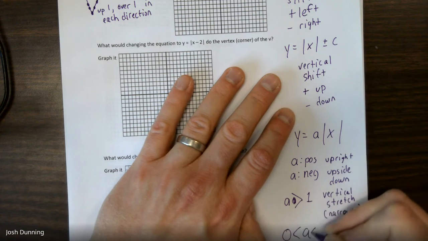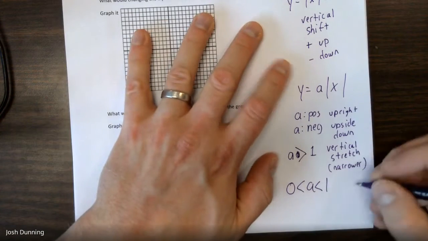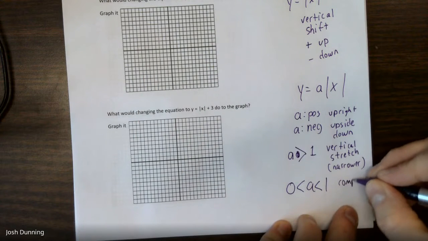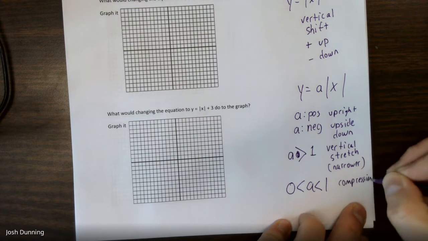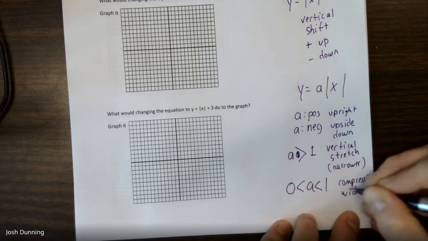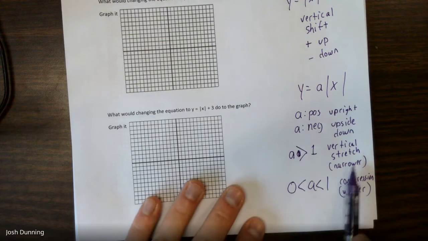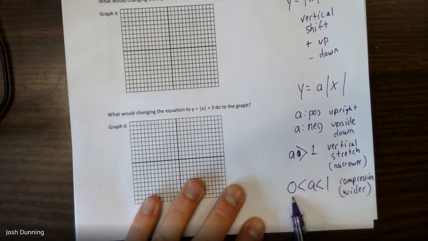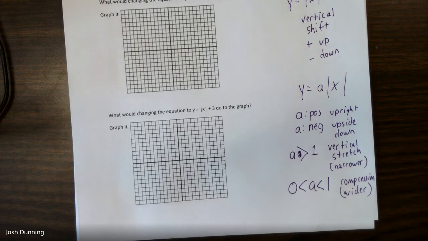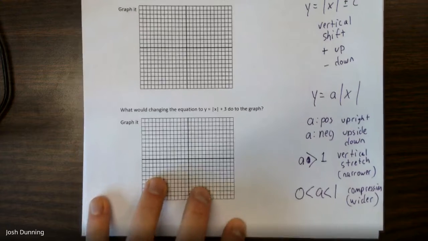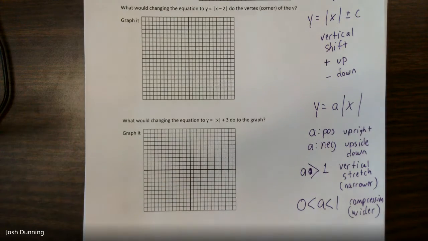If this is in between 0 and 1, it's a compression. It makes it wider. Vertical stretch, if you got numbers like 2, 4, 6, makes it narrower. The vertical compression, which makes it wider, is if it's in between 0 and 1. Numbers in between 0 and 1 are fractions, decimals, like a half, 3/4, so on.